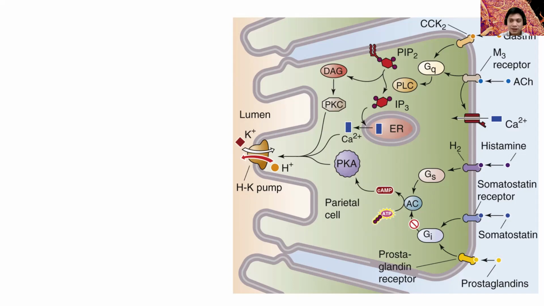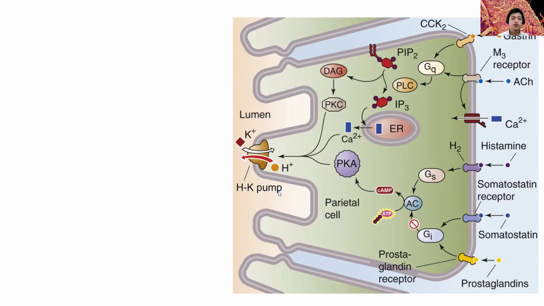Okay? If hindi pa talaga naiintindihan, uulitin ko, ito yung parietal cell. It's part of your gastric gland. Okay? In the parietal cell, you have two sides of the cell. You have here the apical side, which faces the food, and you have the basolateral side, which faces the blood. So, central to the activity of the parietal cell, central to acid secretion is the proton pump.